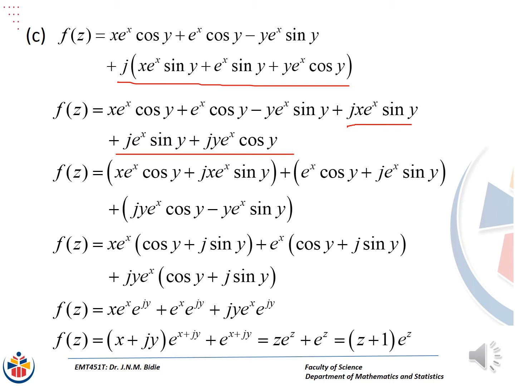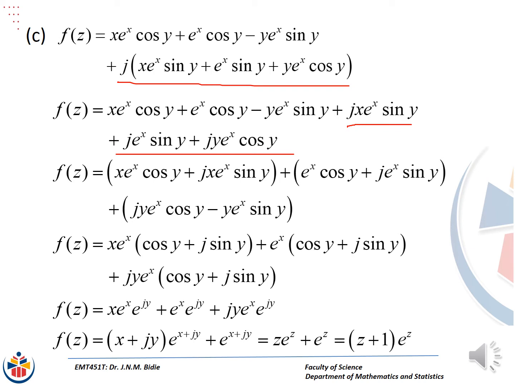And also recalling Euler's formula. Once you've got cos and j sine, then you know that you are going to have e to the power j, depending on the argument of cos and sine. In this case, it's y.